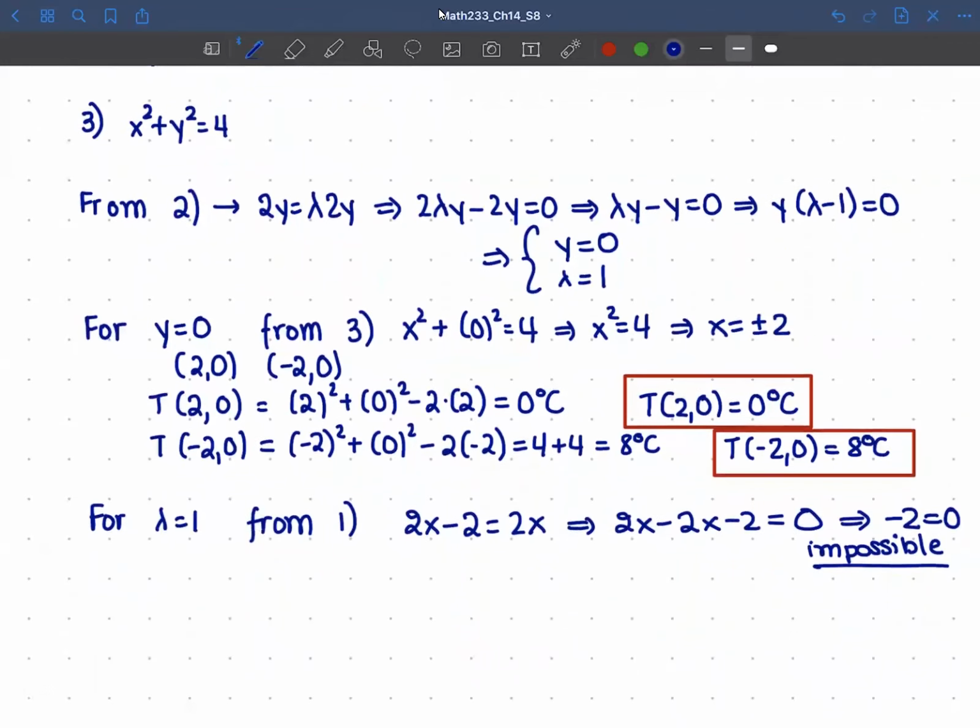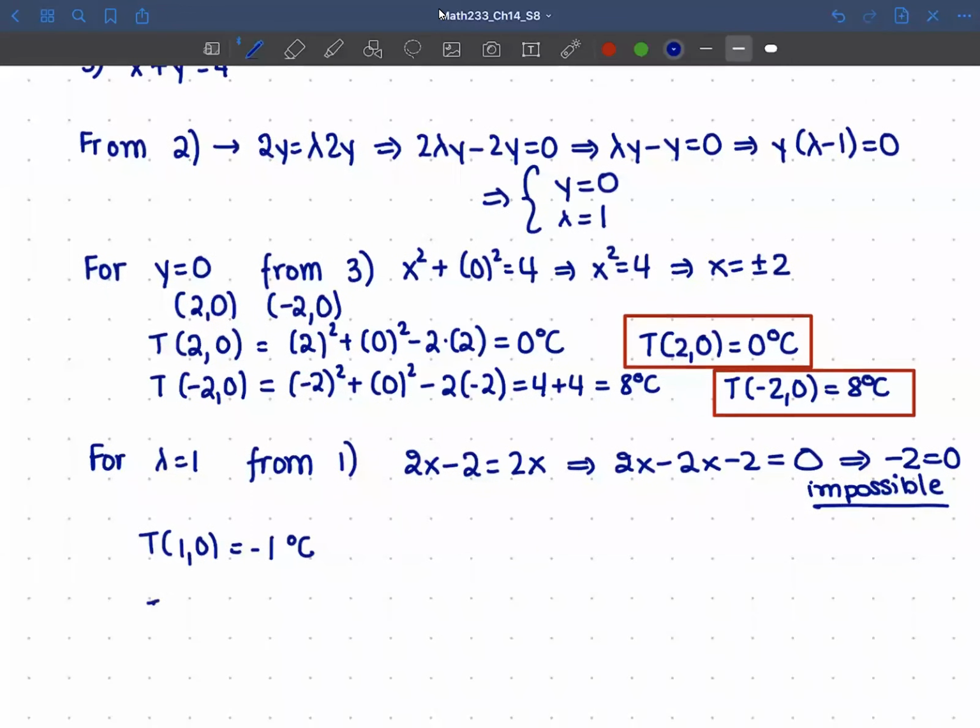So we have only three points. The first point was the critical point, where the temperature at the point (1, 0) was equal to negative 1 degree Celsius. Then the temperature at (2, 0) is equal to 0 degrees Celsius, and the temperature at the point (negative 2, 0) is equal to 8 degrees Celsius.